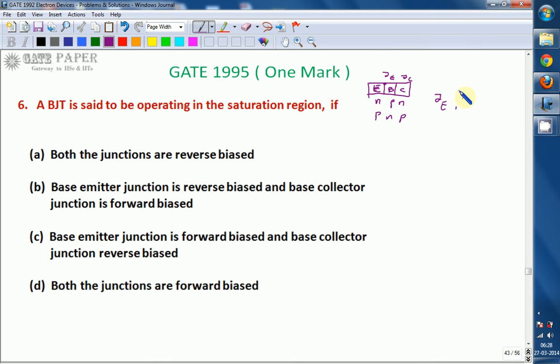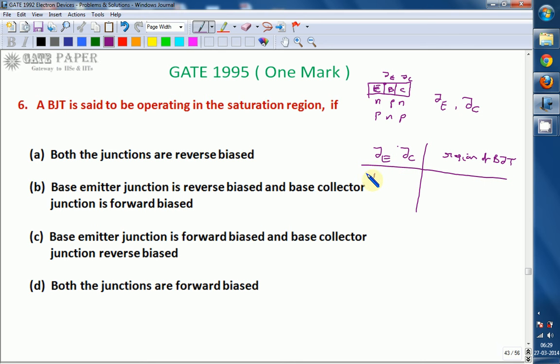JE and JC are the 2 PN junctions we get. Based on how they are biased, the transistor will be operating in different regions. So we will consider that now. Okay, so we go this way: JE and JC, and the region of operation of the BJT.